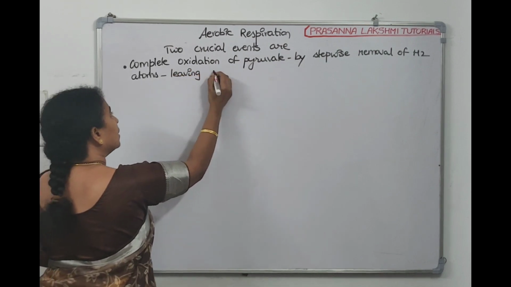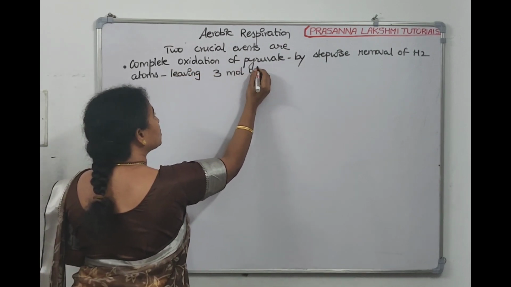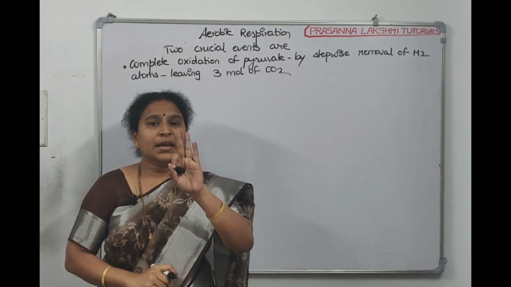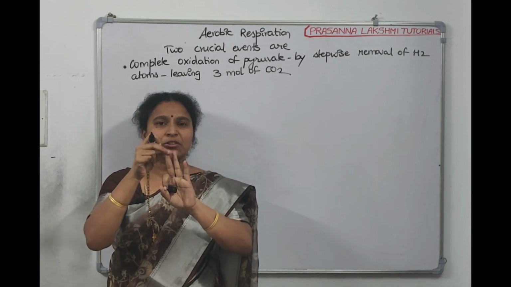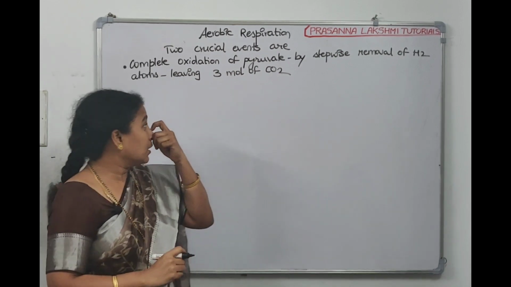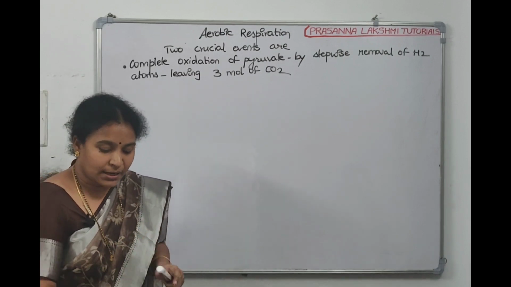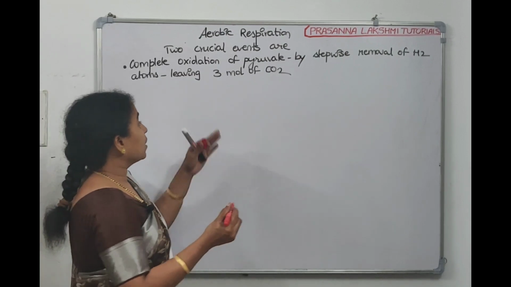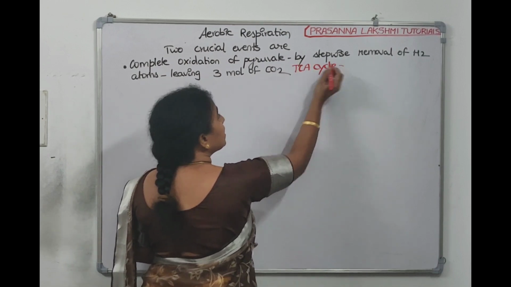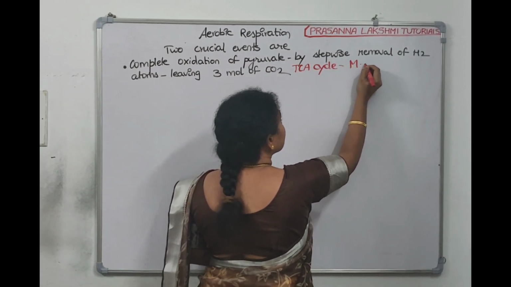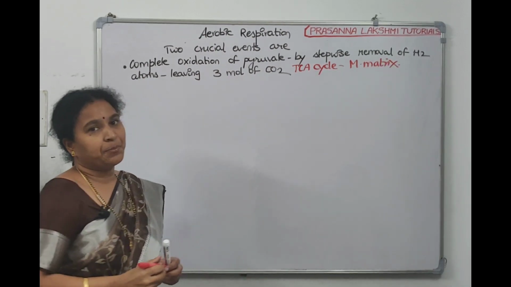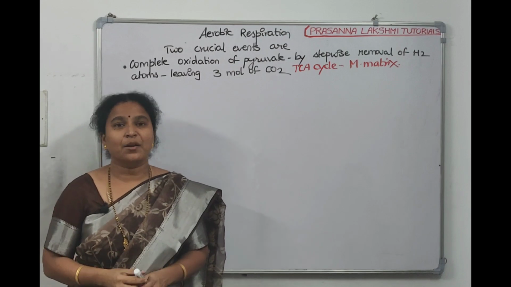Pyruvic acid is a 3-carbon acid. If you remove all the hydrogens, from the first carbon, second carbon and third carbon, 3 molecules of CO2 are formed. This is called the TCA cycle. Where does it occur? It occurs in the mitochondrial matrix.